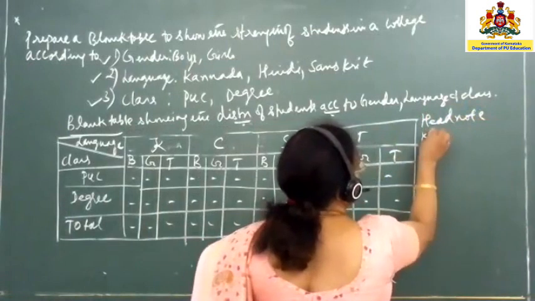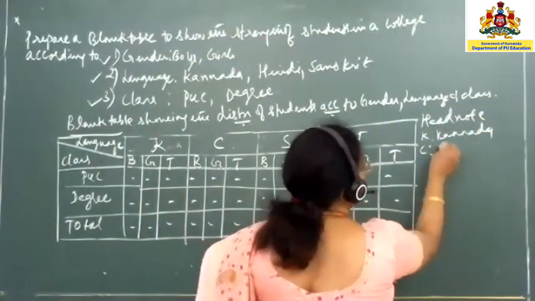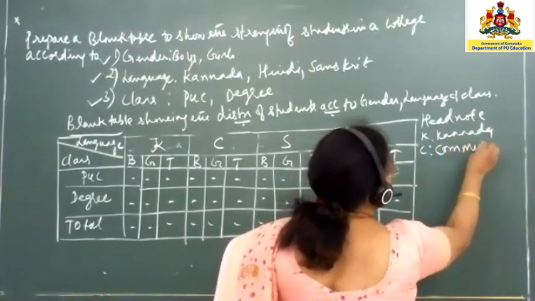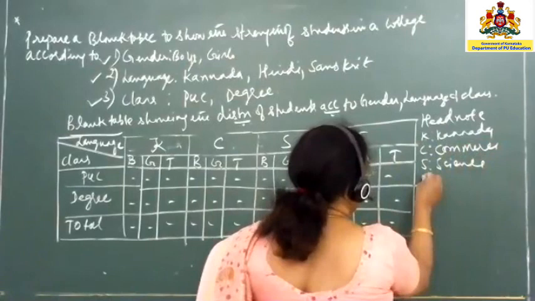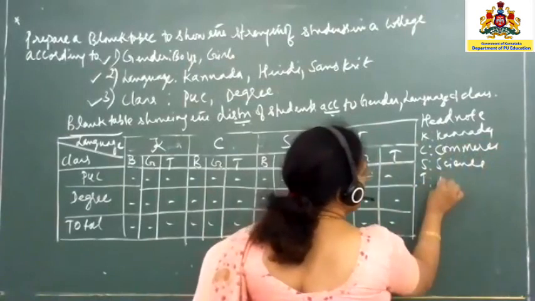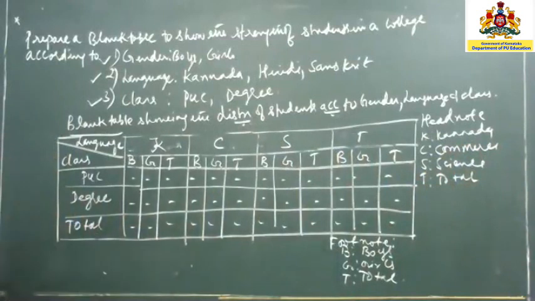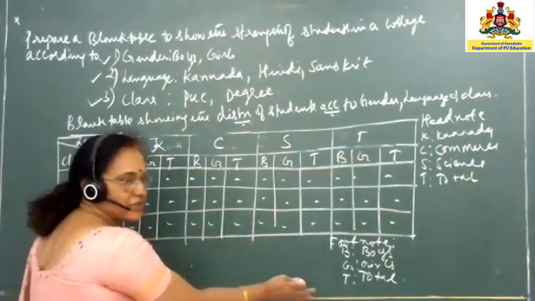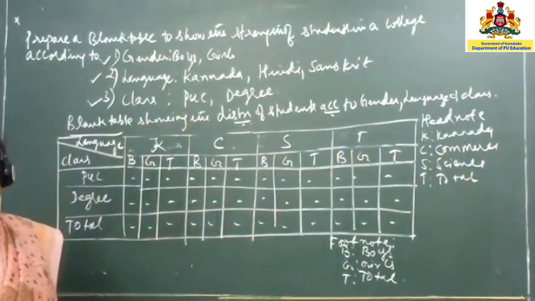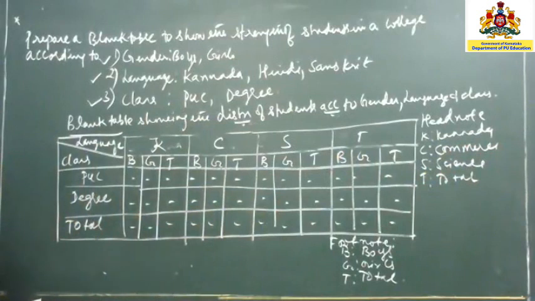So what is K? Kannada. C is for commerce. S is for science. Again, if you want, you can write it, otherwise T is already here. Now this will become total. So the head note is written to the right side of the table, and the footnote is written below the table. Is it clear?